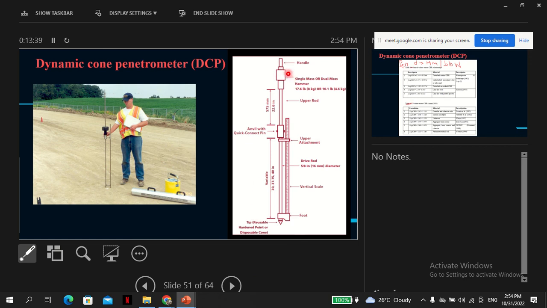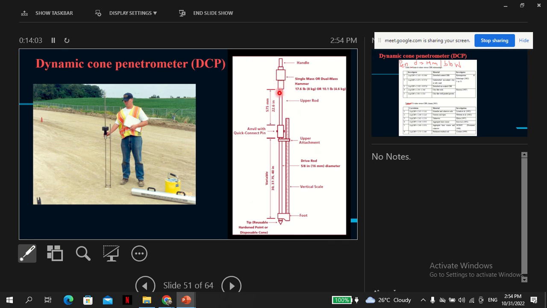So here the hammer is 8 kilogram and it drops through 575 millimetres. Please note the difference between this and the CPT as well. But this is quite portable. CPT is 63 kilogram, which is quite difficult to carry. This is quite portable.